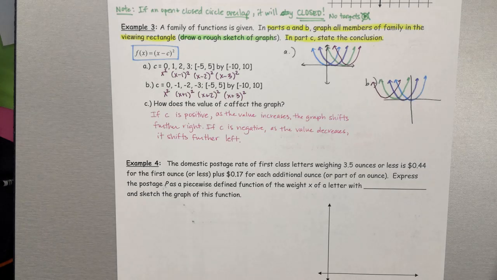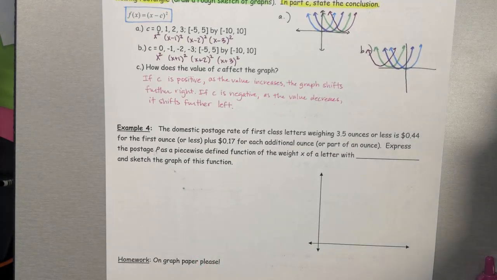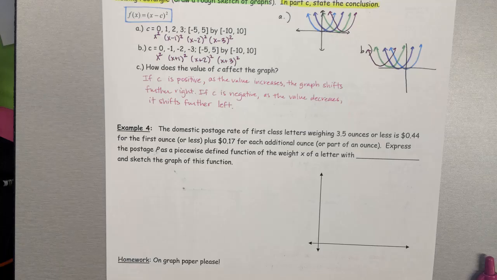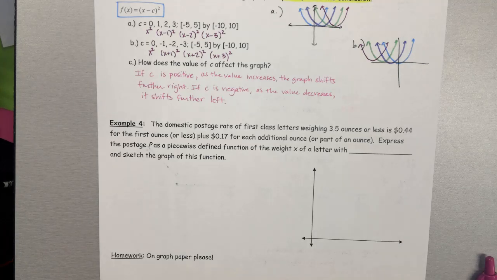Okay, and then the last graph we're going to do today is a piecewise graph, but it's a special type of piecewise that is called a step function, because when we are done graphing it, it should look like little stairs. So the domestic postage rate of first-class letters weighing 3.5 ounces or less is 44 cents for the first ounce or less, plus 17 cents for each additional ounce.